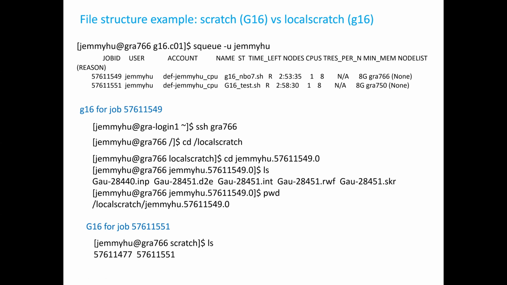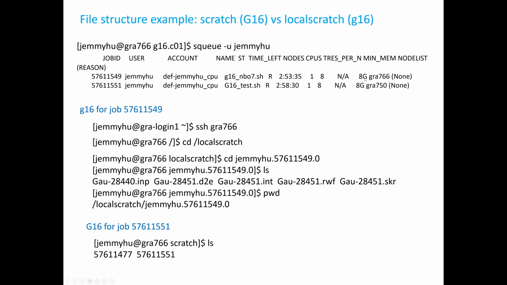I think we don't need to spend much time here. I actually did a test the other day, where I submitted the same job using capital G16 and local scratch, and they run at the same time, so you can go back and check.